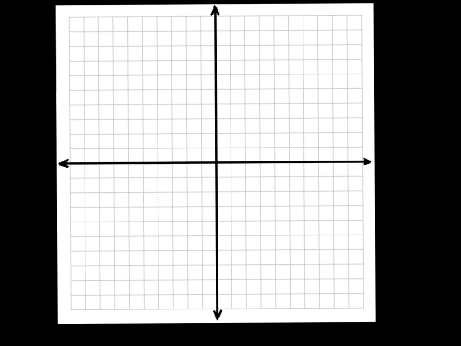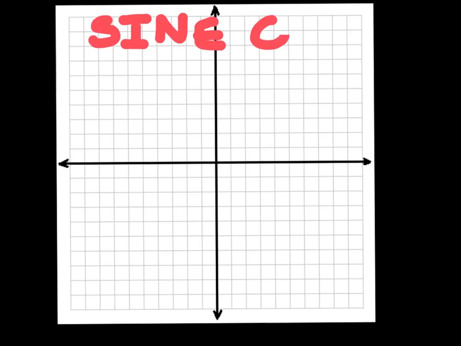So the first type of graph we'll talk about is the sine graph. Okay, so the sine graph is just a basic curve. Its domain goes from negative pi to positive pi.